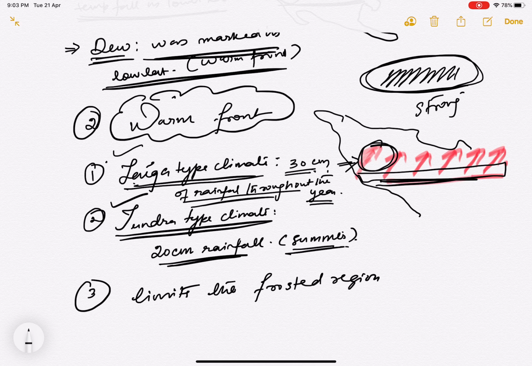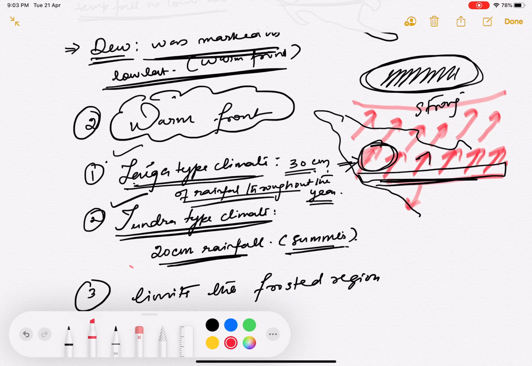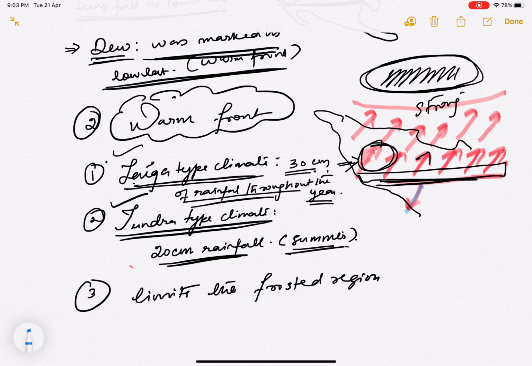Now what happens is that this warm weather or the warm front actually limits the incoming polar winds. Though the polar winds come into the territory, it is this large part of the warm weather masses that actually limits the excessive polar winds from coming towards the lower latitude.